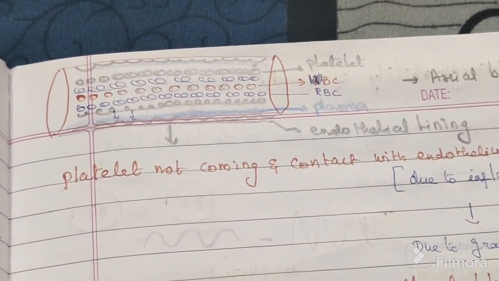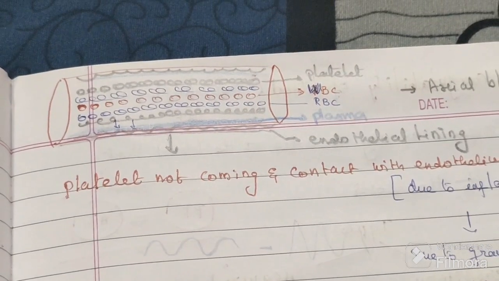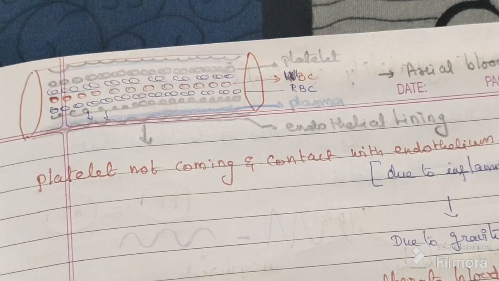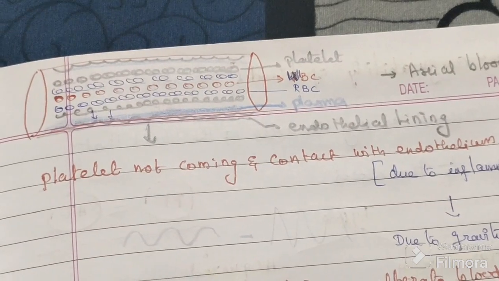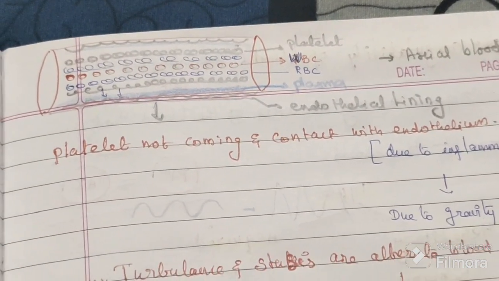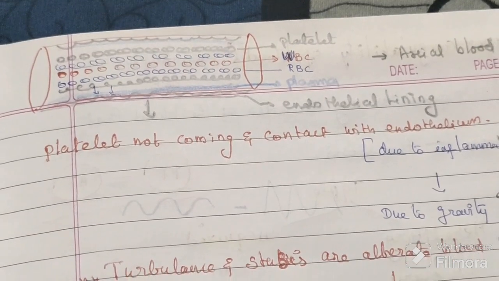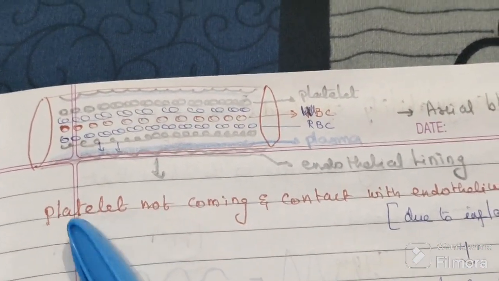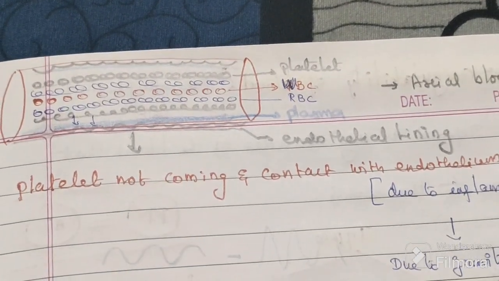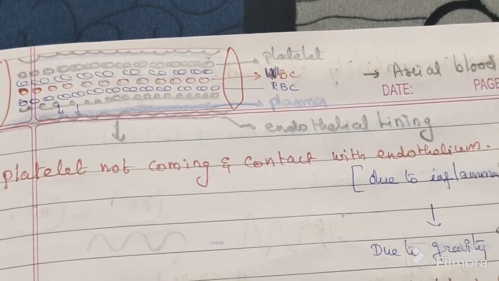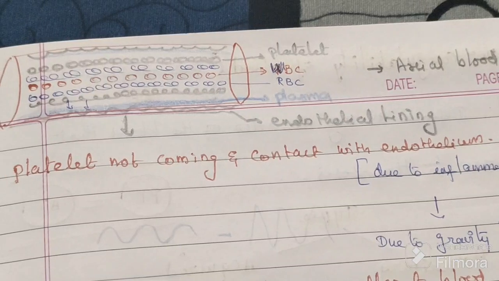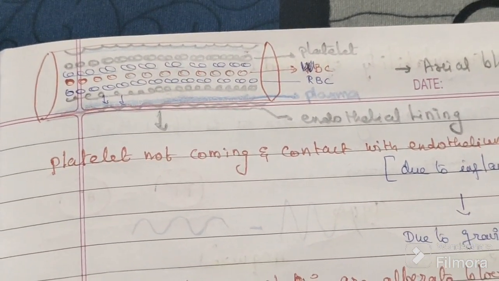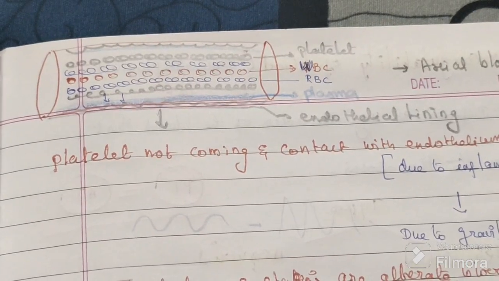Normal blood flow, axial or laminar blood flow. What is the meaning of axial or laminar blood flow? According to Bernoulli's theorem, it is a pipe. Whenever fluid travels in a hollow pipe, the heavy portion travels in the center and the lighter in the periphery.